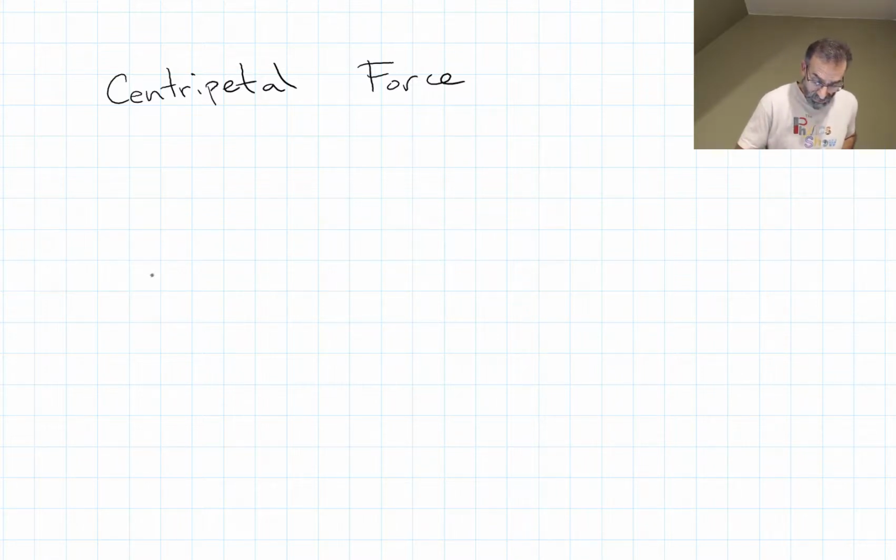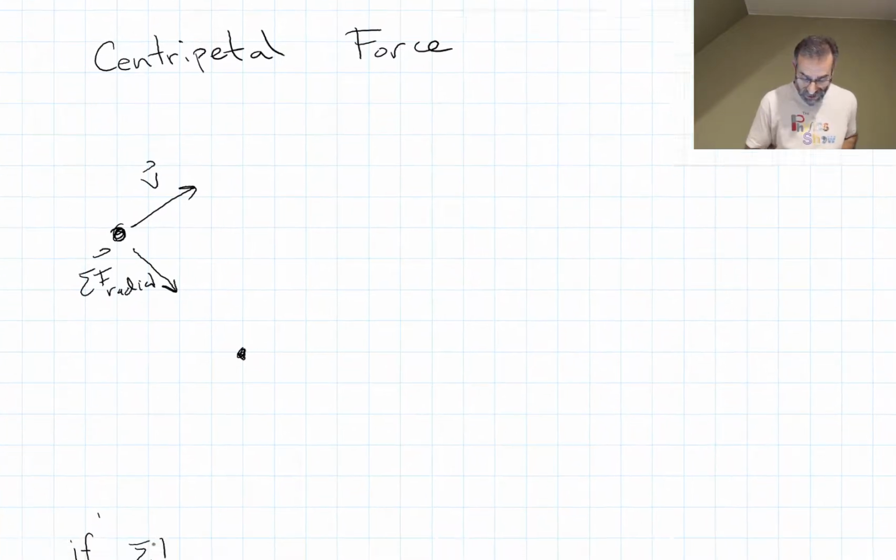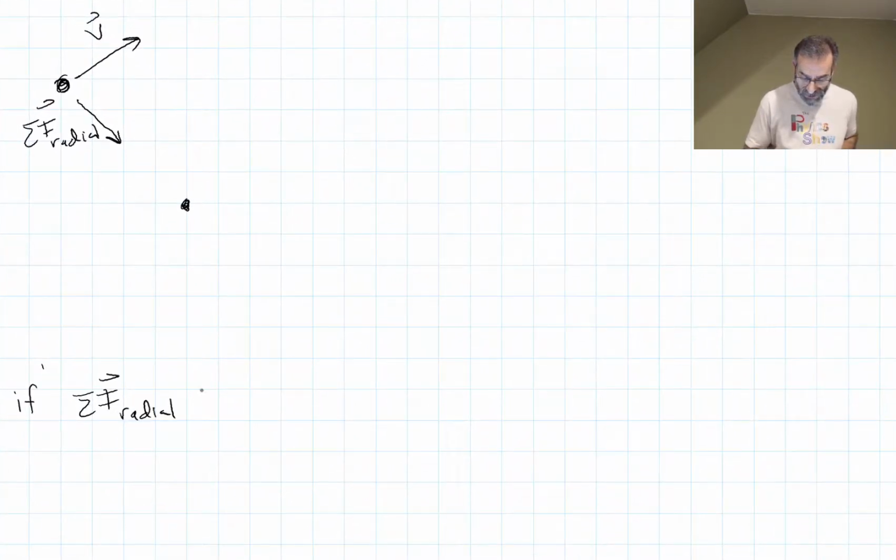So I have an object here, and it's moving around some center point, and we give it some initial velocity, and there's some net force in the radial direction. If the net force in the radial direction is greater than the special value mv squared over r, what's going to happen to our object?